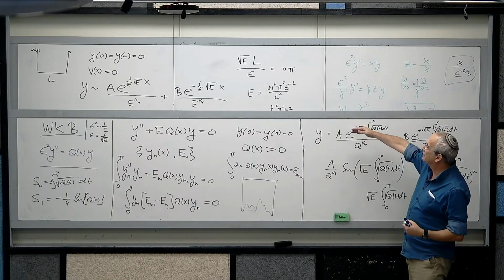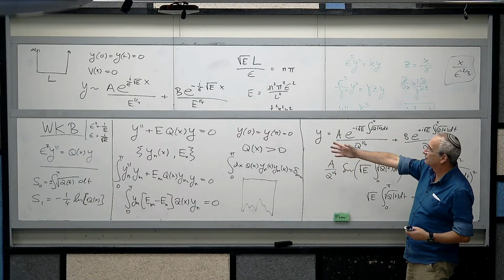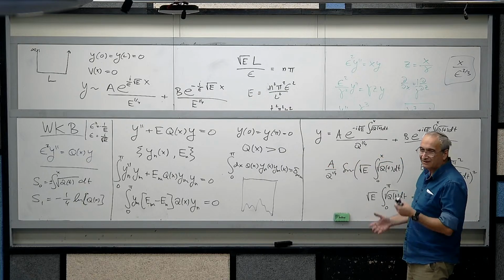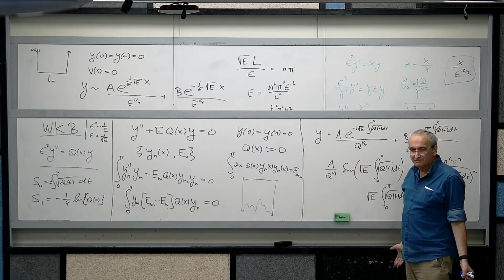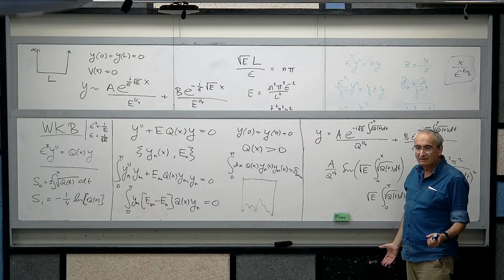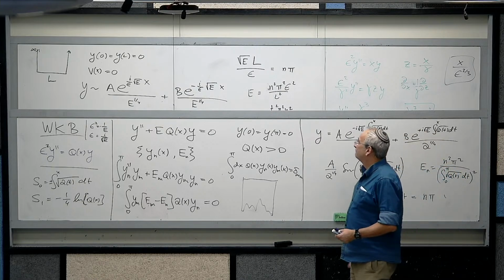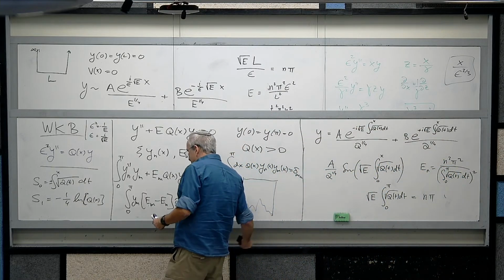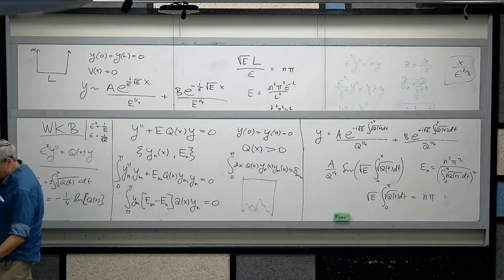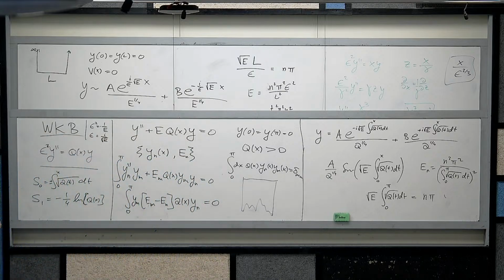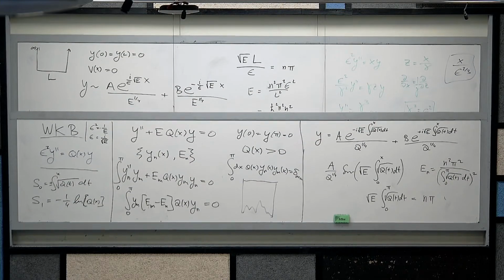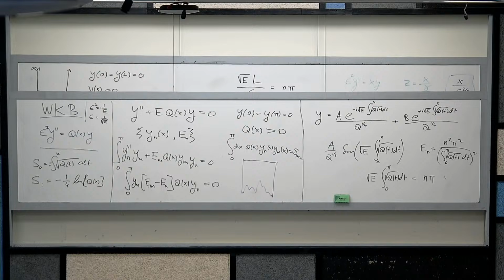Because we always have to divide by q to the 1/4, and this will blow up. Not good. So this is the main interesting story in WKB: what we do when q crosses 0.